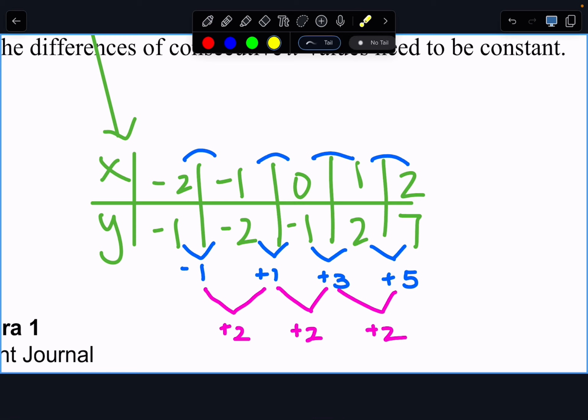And since all of those are the same, that's how we know it's quadratic. So we have to look at the second differences. What's the pattern adding or subtracting of the y values? And then with those numbers, are we going up or down by the same amount? Kind of weird, but that's how it is. Okay.